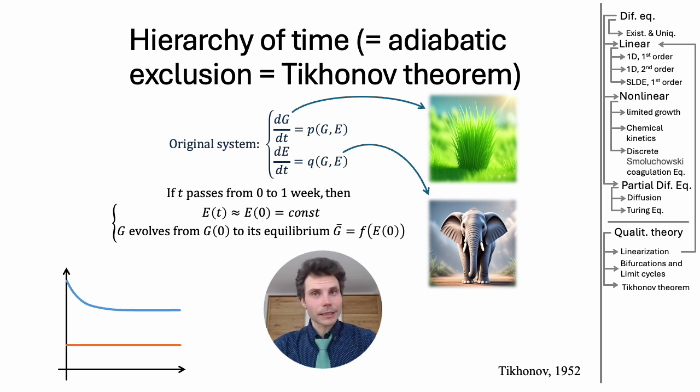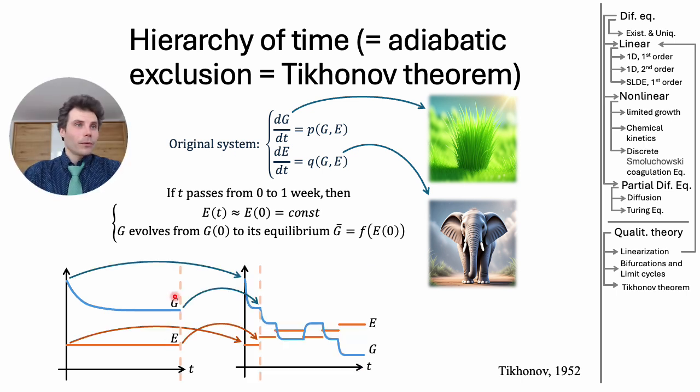Now let's extend our time frame. We take this whole segment, we shrink it. I mean, we just extend our attention beyond this period. And we see that soon the population of elephants starts growing slowly. So here maybe 1 baby elephant was born.